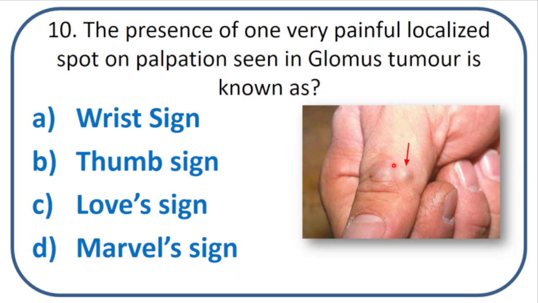It may occur anywhere, though here it is seen in the thumb. The presence of one very painful localized spot on palpation seen in glomus tumor is known as love sign. It can be seen anywhere, but the painful spot seen in glomus tumor is known as love sign.